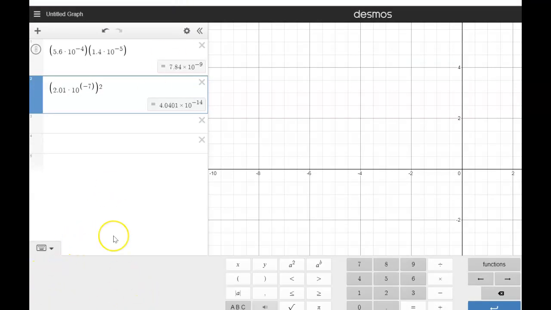I just put the numbers into Desmos, and you can see for number 1, I got my answer 7.84 times 10 to the negative 9 power. And then number 3 is another example where I put it into Desmos and I got the answer in scientific notation form. Sometimes you're going to put it in and you might have to then convert it to scientific form because the number might not be big enough to actually be represented.